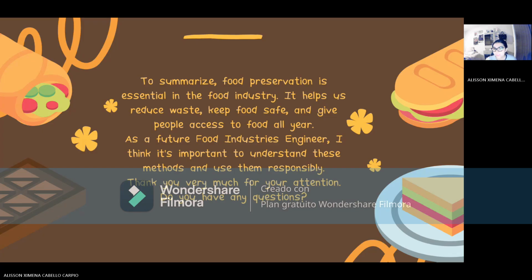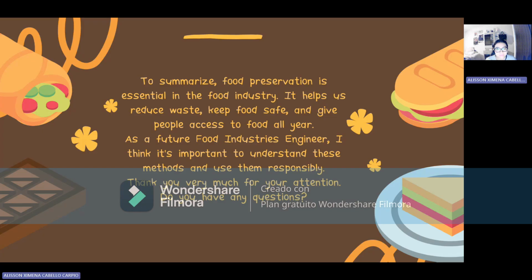We have traditional methods like drying and salting and modern methods like freezing, canning, and pasteurization. Both types of methods are very important, and together they help us build a stronger and safer food system.